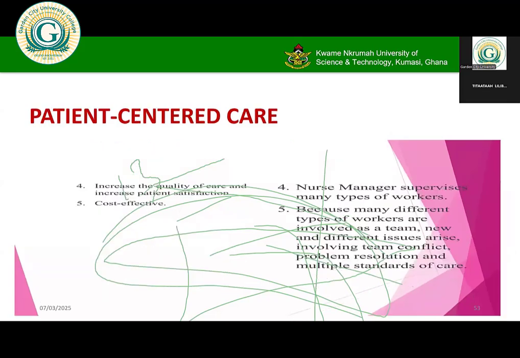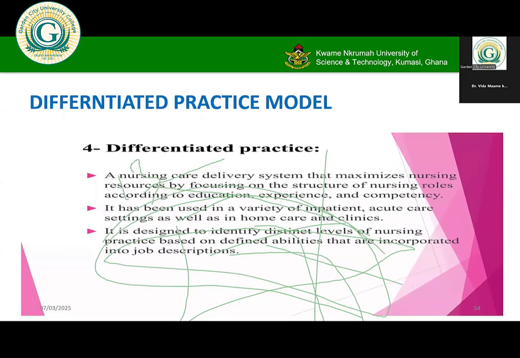Okay. So these are the advantages and the disadvantages. We also have the differentiated practice model. And this one is a nursing care delivery system that maximizes nursing resources.